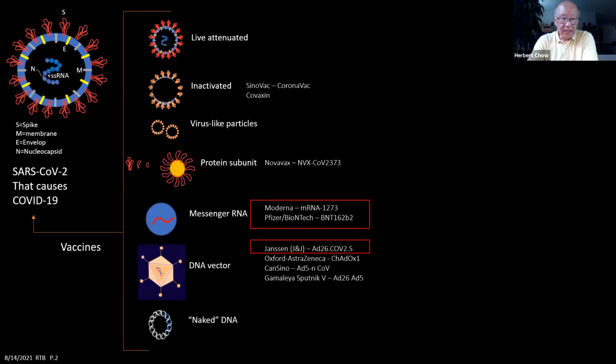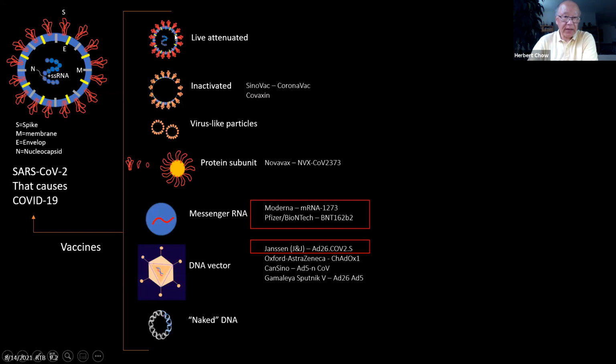So these are the vaccines that are in the works. Some of them are live attenuated, which means in the old days, we would take a flu virus and keep passing it in eggs. And then after many passes, the virus is still alive, and it kind of lost its pathogenicity. So it's no longer able to infect, but it's still alive. And you can use that as a vaccine.